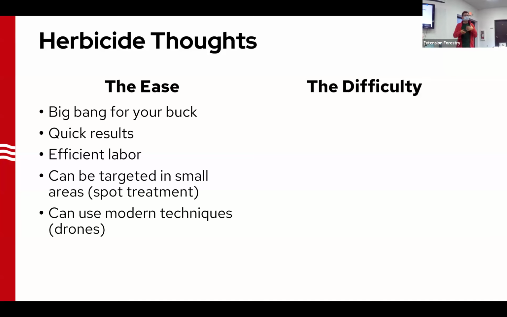They can help us to have quick results in invasive species management. They can result in more efficient labor, and we can use this in targeted applications in the forest. And we can utilize modern techniques such as drone applications, which we're seeing a little bit more of. So I think of it as a really great management tool in our toolbox.